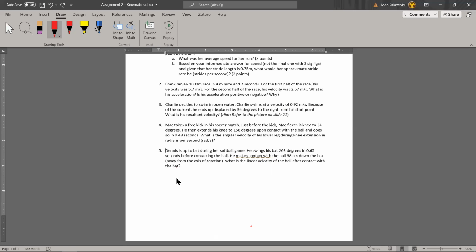So what I'm really asking you for is this equation. This is angular velocity, and it is equal to our angular displacement, so change in theta over time.